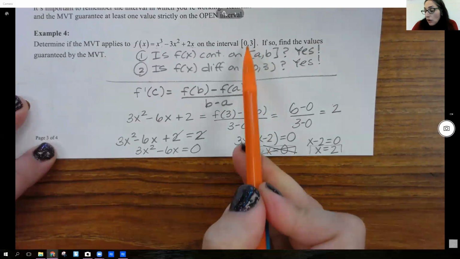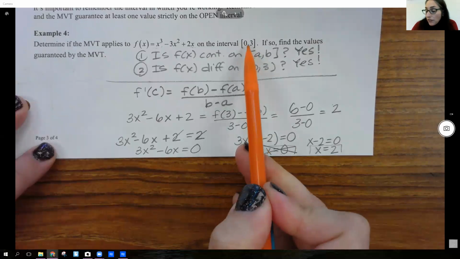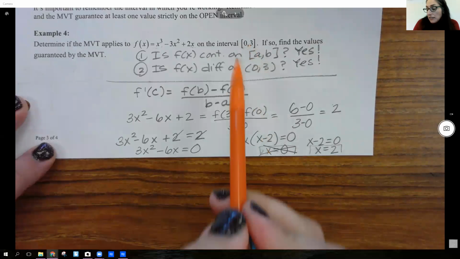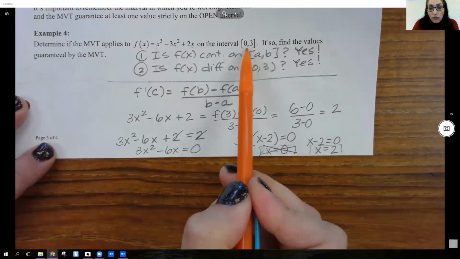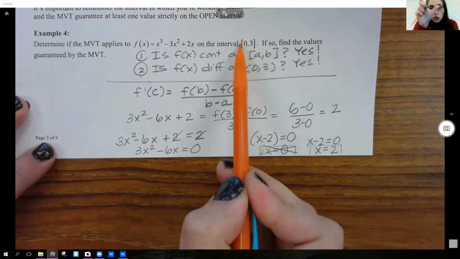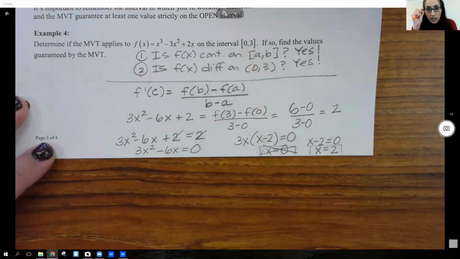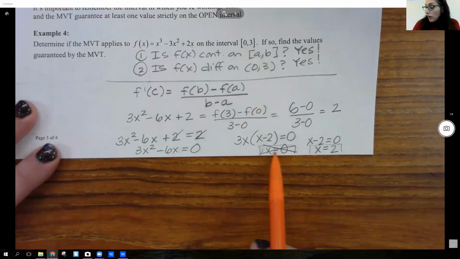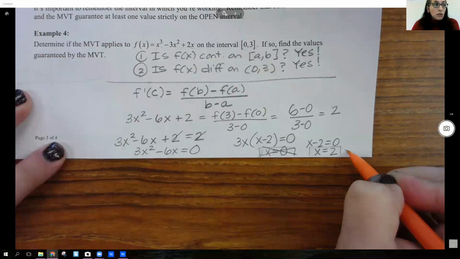When they give you this interval, you have to think of the graph, only the piece of the graph that is including this interval. You can't assume that you have the whole graph. It's only that little chunk from 0 to 3. And you can't put a tangent line on an endpoint. So you have to throw this answer out and you only take 2.